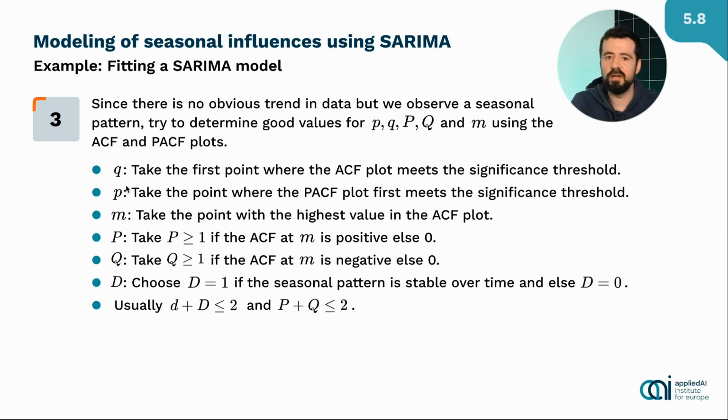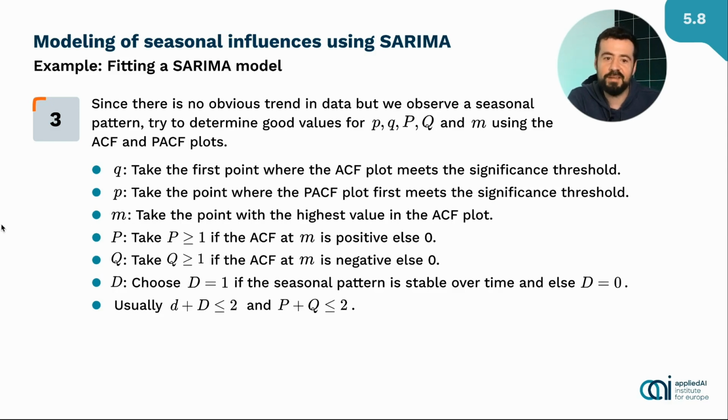We haven't talked about this so far, but we will see this in a minute. Here again, we have to look at when the plot meets the significance threshold. For M, the period of the seasonality, we can do what we've done before. We can take a look at the autocorrelation plot and then select the value with the highest autocorrelation.